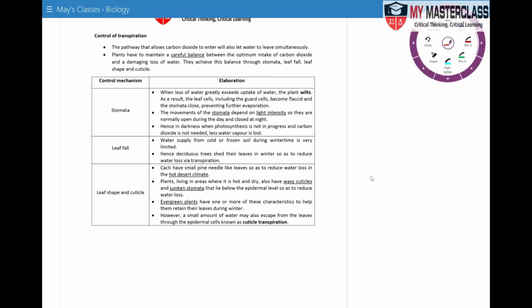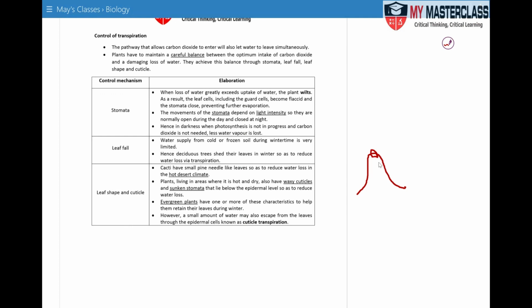Instead of the stomata being out at the bottom, the stomata is found at the inner part, so it is not very exposed to the surroundings. Another thing is that because it is found inside, the small volume here will help to increase the humidity, because there is some water vapor trapped here.